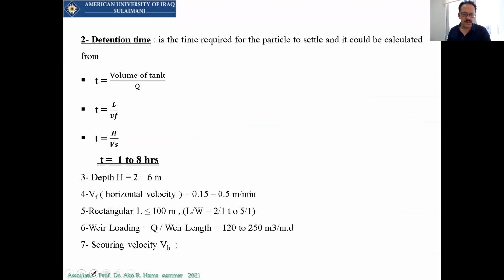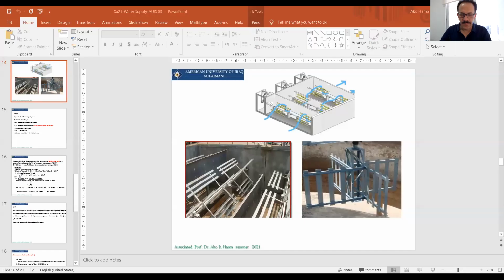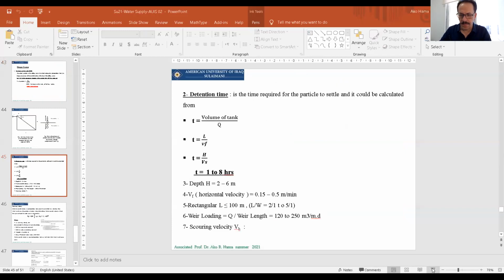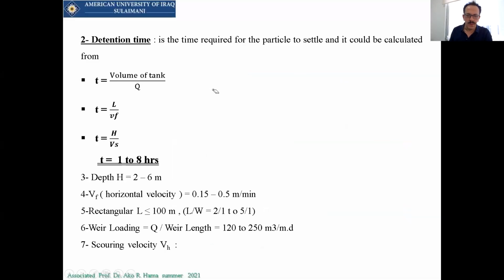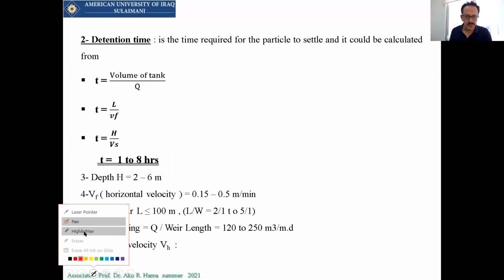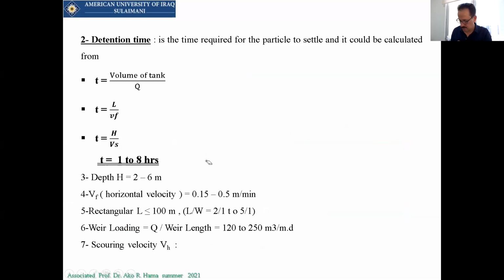Okay, we have to use, check. And by the way, this is per minute, not per second.